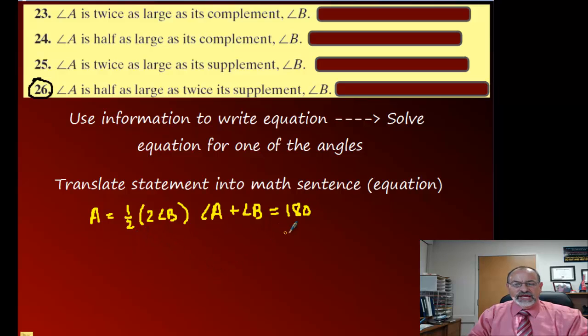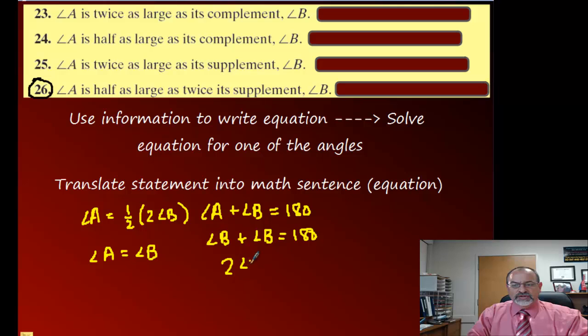Now again, I have something here that I'm allowed to substitute in. I can simplify this because angle A is equal to 1/2 of 2, which is 1, angle B. So angle A is equal to angle B. I can put angle B in here by substitution, giving me this equation.